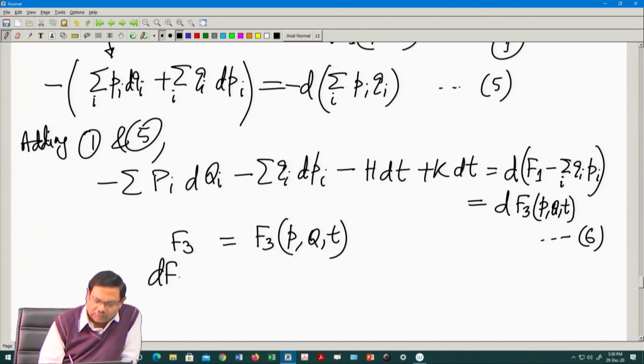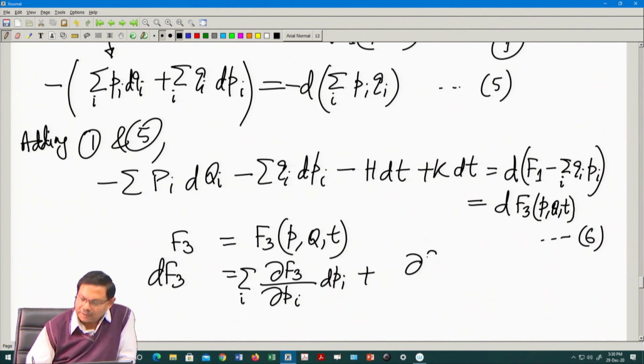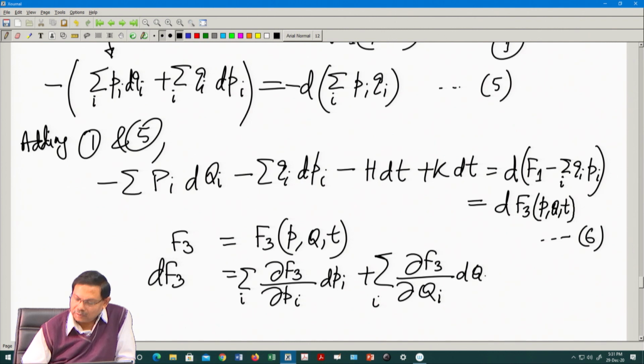So, its differential would be the partial derivative of F3 with respect to p, the partial derivative of F3 with respect to the new generalized coordinate dQ_i, the partial derivative of F3 with respect to t dt.